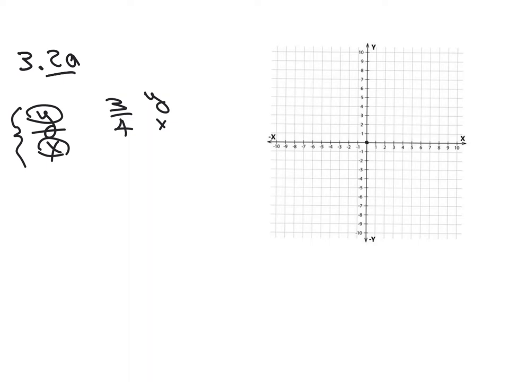We look at this as (4, 3). The y is the second number, the x is the first one. So from the origin, we go over 4, up 3. Over 4, up 3. We do that over and over, and we connect the dots.